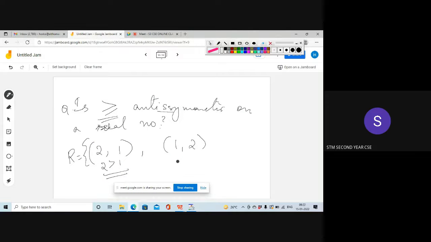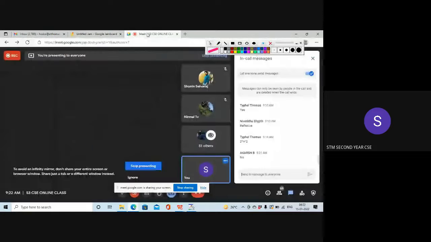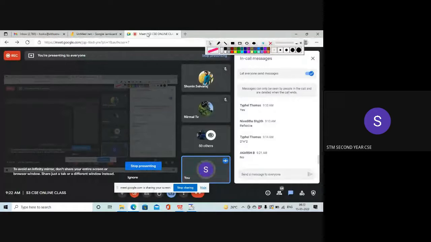If I add (1, 2), will I be able to add it to this relation which satisfies the greater than or equal to property? Akash said no. Why? What is the reason?